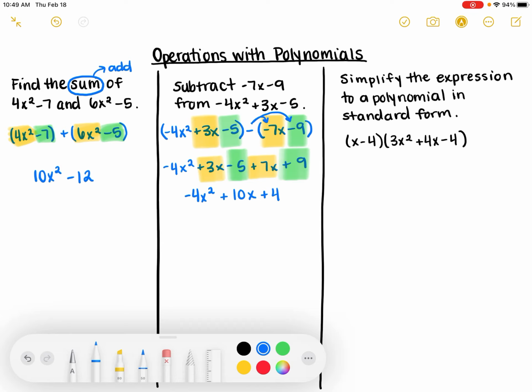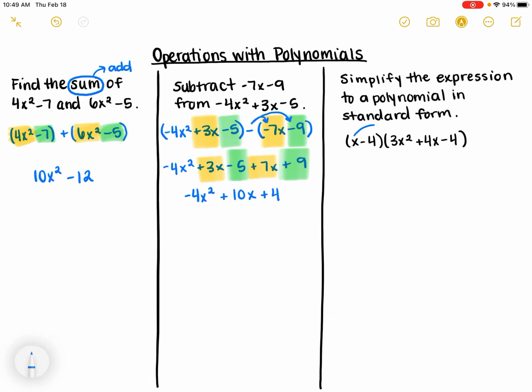So I have to distribute the x to everything in the second polynomial, or the quadratic, and I have to distribute the minus 4 to everything in the quadratic. So I'll start with the x. I'm going to multiply x with everything in the quadratic, so each thing gets multiplied by x.